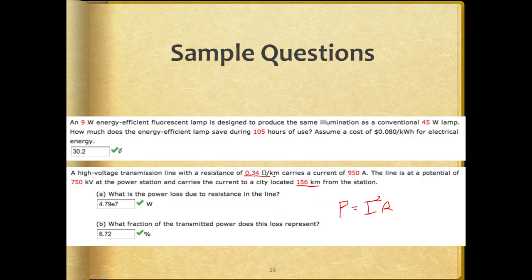We could figure out the amount of power lost by a 53 ohm resistor when you have either this current or this voltage moving through it. So that can tell you how much power is lost to that specific wire of that resistance. And you can figure out then what portion of the total power was lost as a result of that.